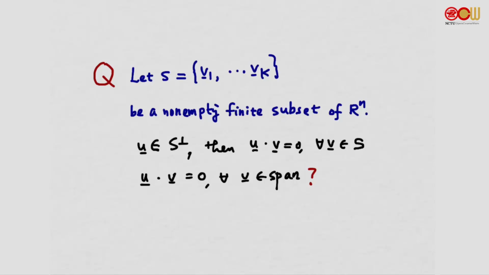Is it also true that when u is a vector in S perp, then u dot product v is equal to 0 for all vectors in span S?